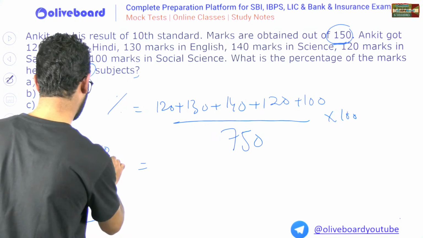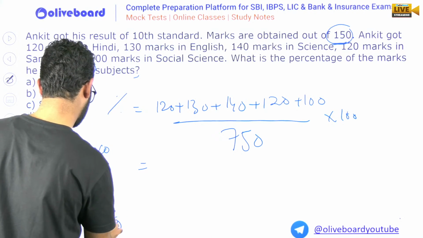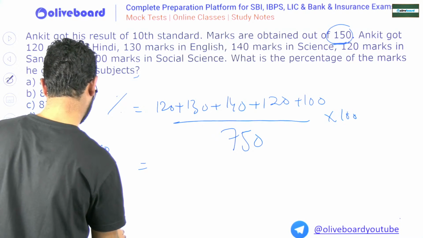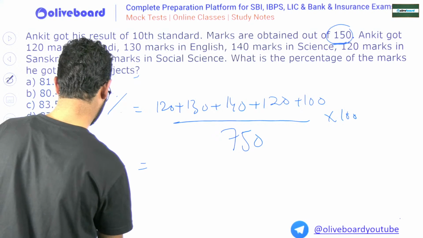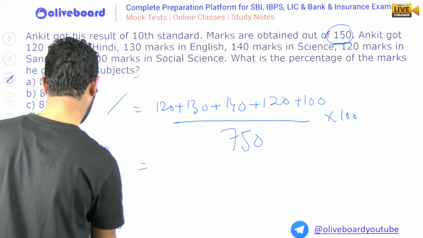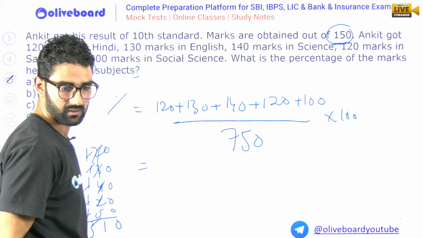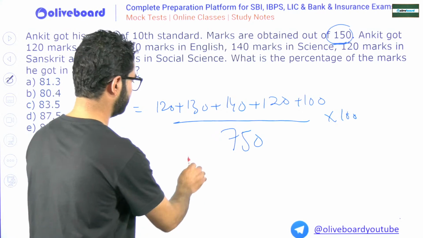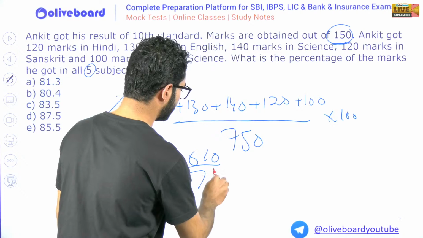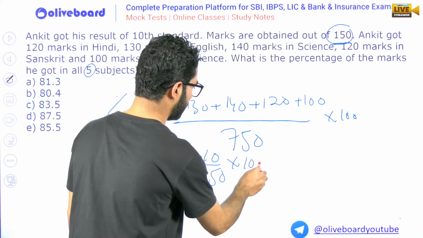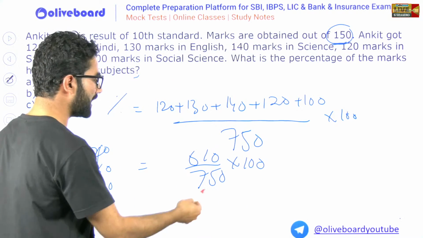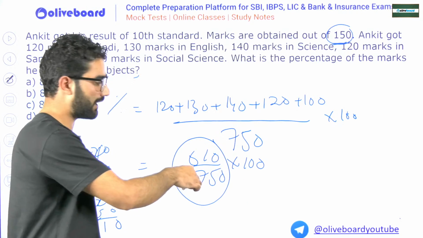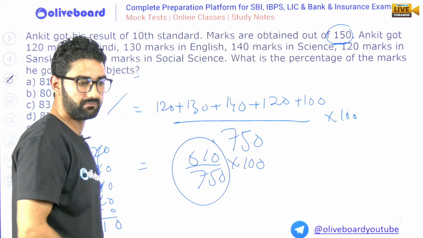That adds up to 610. So it is 610 divided by 750 multiplied with 100. Then you can try to reduce it this way also, by reducing it by 25.